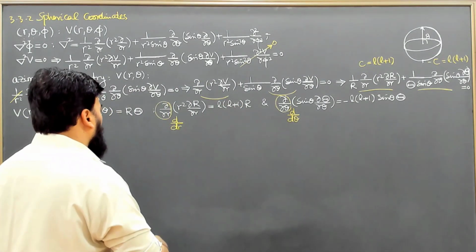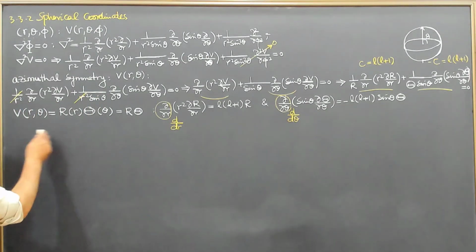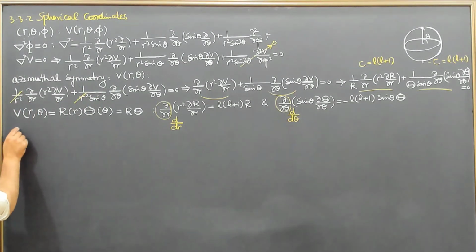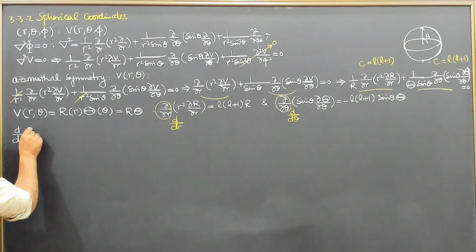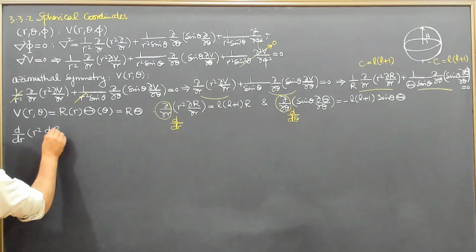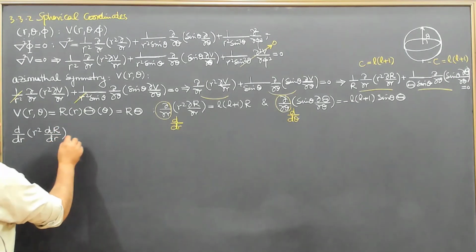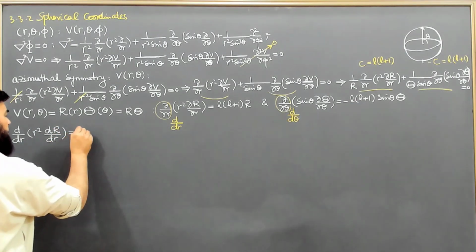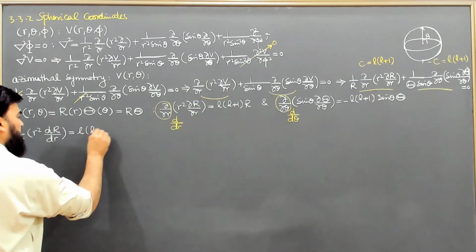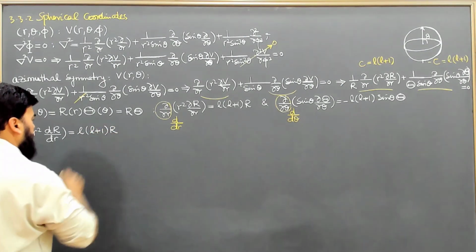So we now start with the very first equation, which is d over dr of r squared dR over dr, and this is equal to L into L plus 1 and R here.